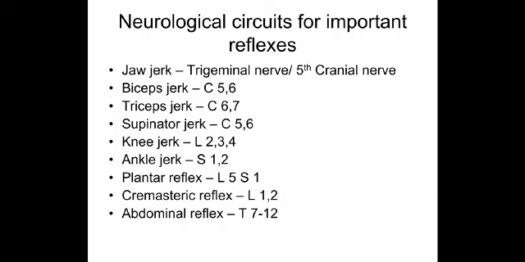Lumbar 2-3-4 are for the knee jerk, and the ankle jerk is S1 and S2. The plantar is L5 and S1. We stand on S1 and we sit on S2. The cremasteric is lumbar 1 and 2. Finally, the abdominal reflex is thoracic 7 to 12 spinal nerves.